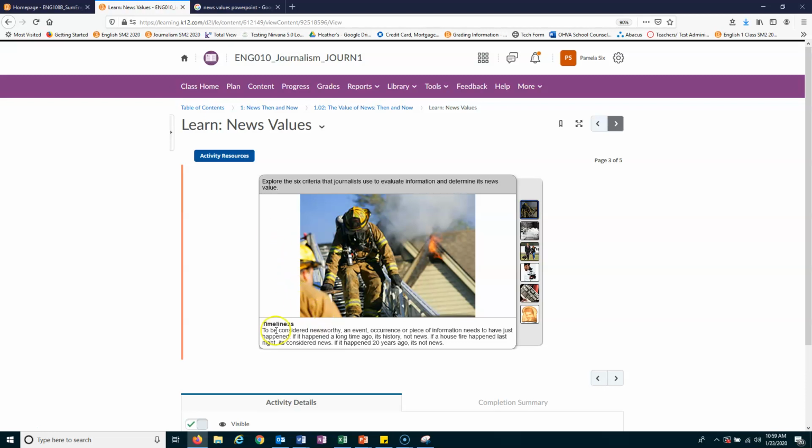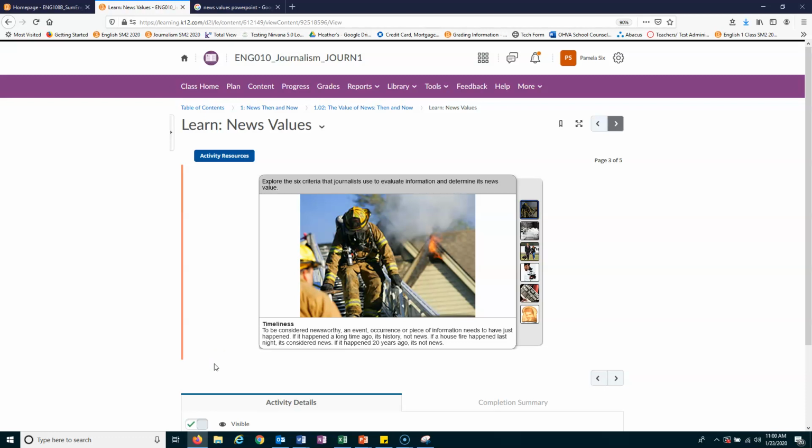The first news value is timeliness. If something is to be considered newsworthy, it has to be immediate or pretty timely. The event, occurrence, or piece of information needs to have just happened. If it happened a long time ago, it's history, not news.